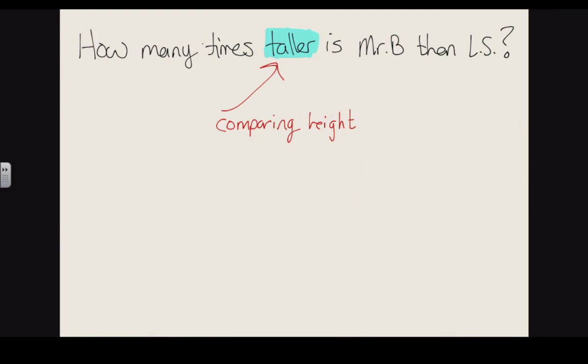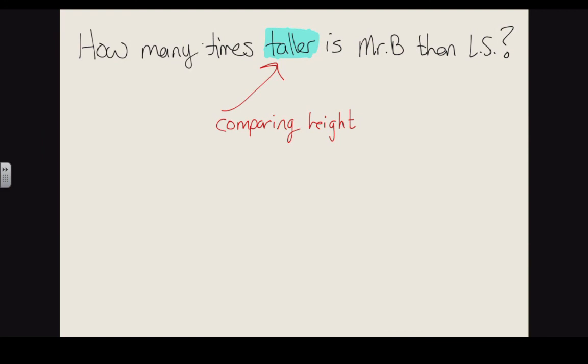So we have to ask ourselves, how do we answer this? They're not looking for a ratio. They're not looking for the ratio of my height to LS height. They're looking for a single number. How many times taller is Mr. Bornheimer than Landon?